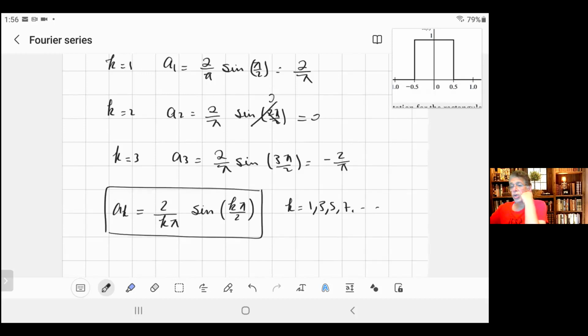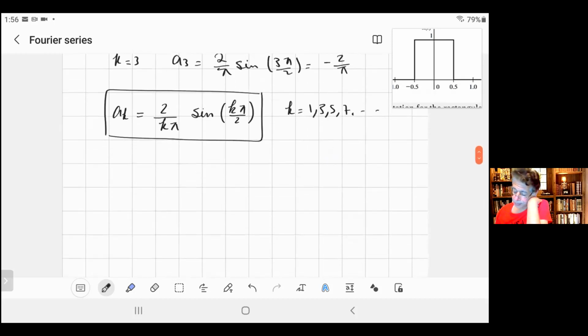All right. You finish a_k, you go and find b_k. The expression for b_k is equal to 2 over T, the same as a_k, but instead of writing cosine, you write sine.